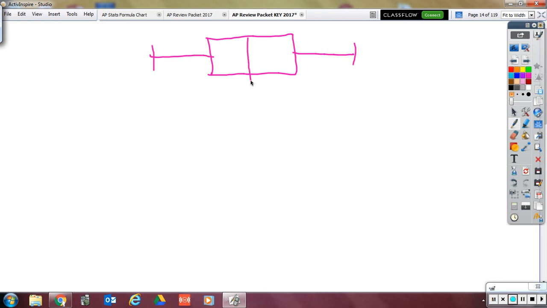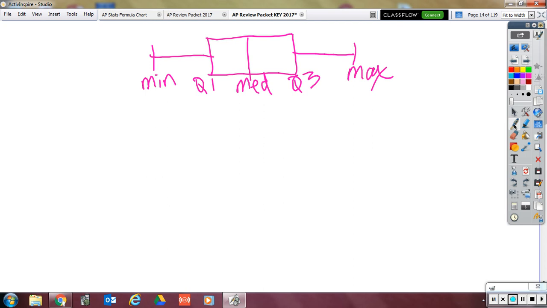Okay, so there's our min, our Q1, our median, our Q3, and our max. My first question is, what would this box plot look like if it was skewed to the right? What are some ways it could look if it was skewed right? Median to the what?